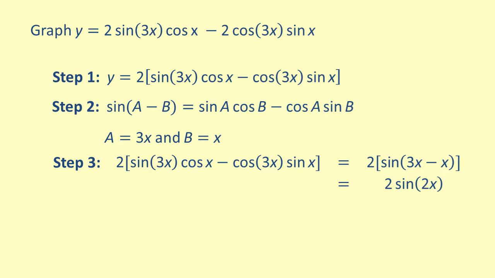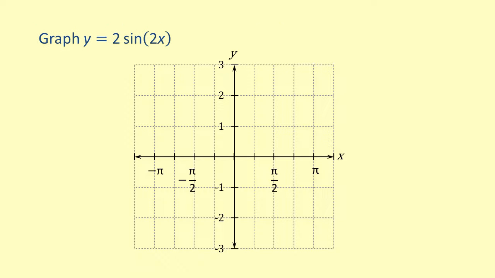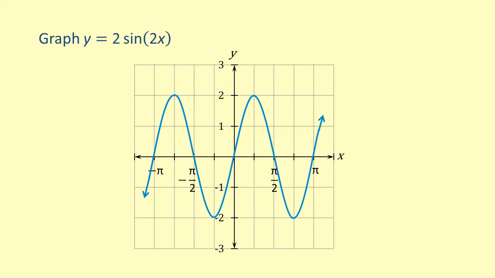Don't forget the 2 we factored out earlier, and notice that it has been retained as we have made changes to our expression. Thus, we will graph 2 times sine of 2x. Finally, use a calculator or table of values to graph y equals 2 times sine of 2x.